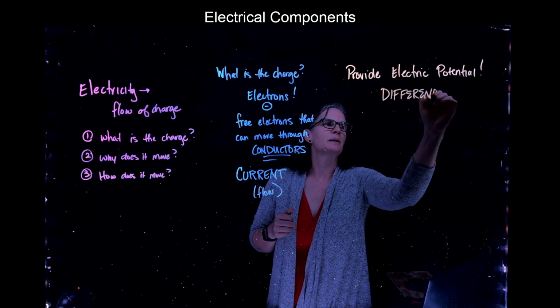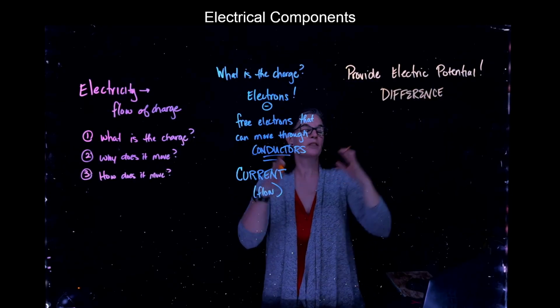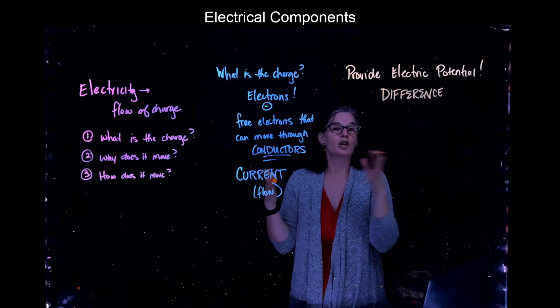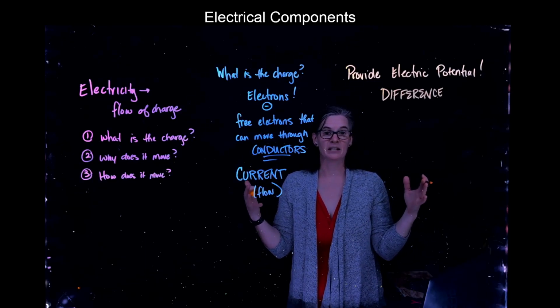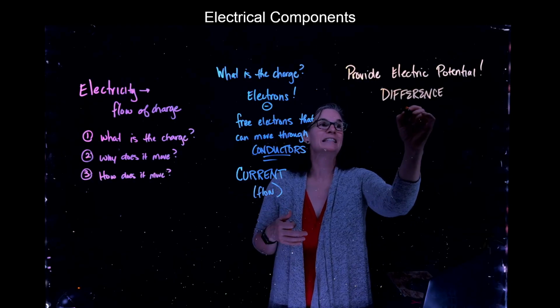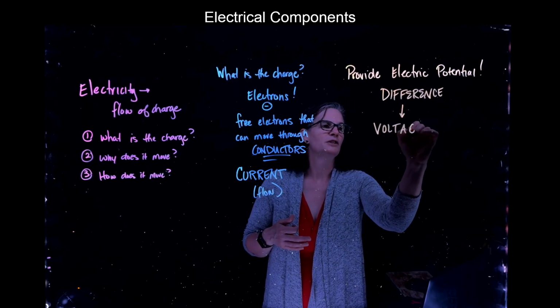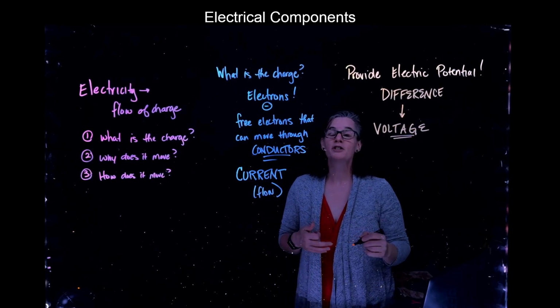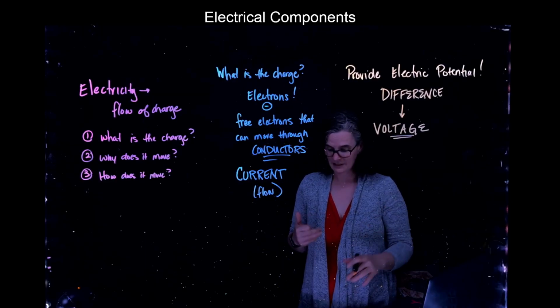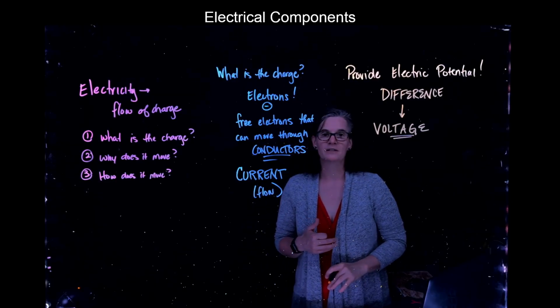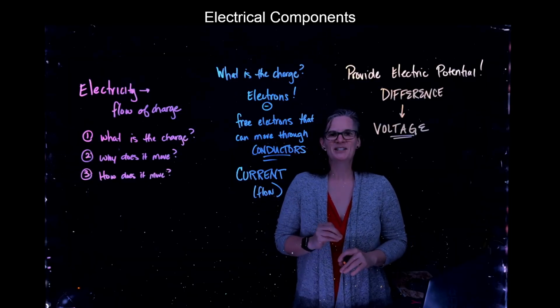That's what's important to get charges to flow. When there's a potential difference, charges will flow between them when placed in that potential difference. That potential difference, remember, is the voltage. So we make sure that there's a voltage, a potential difference, for charges to be motivated to flow.